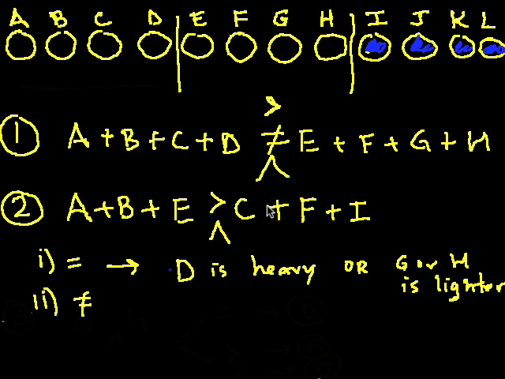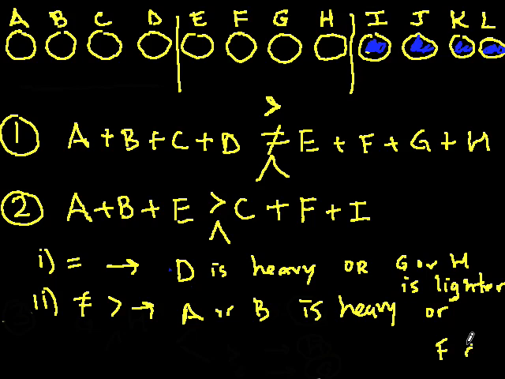So again, we have kind of the same sort of logic. If they're not equal, in fact, if they're bigger, then that implies A or B is heavy, or F is light. And so again, we take the 2 that could be the same and we measure them.